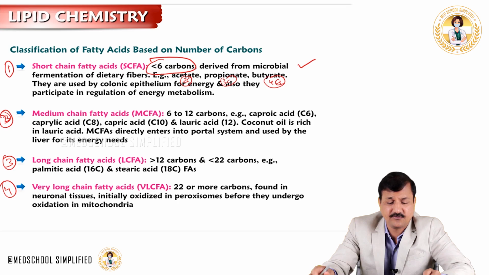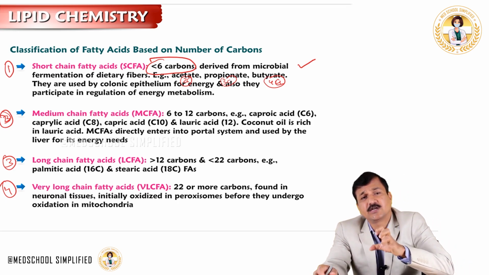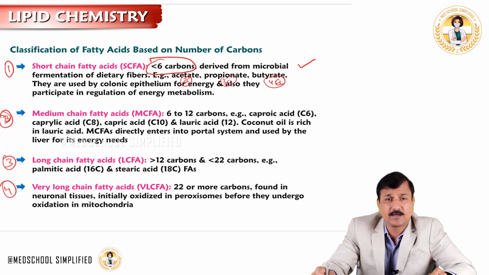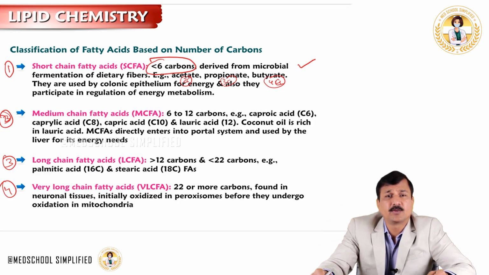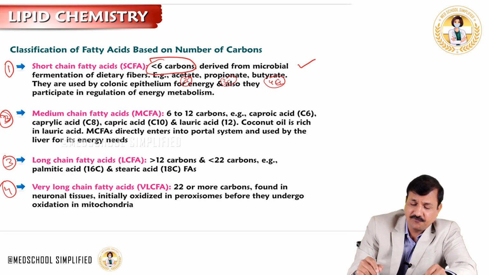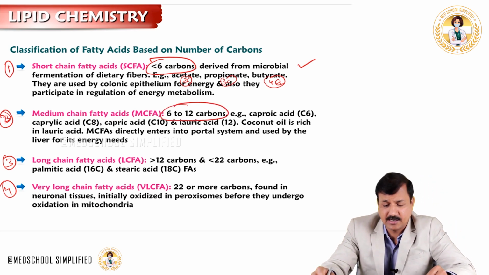They are all short chain fatty acids, and these are generally taken up by the colonic epithelium for its own energy needs, or they can go into metabolism, and in fact they control our energy metabolism and metabolic pathways. Coming to medium chain fatty acids, they contain 6 to 12 carbon atoms.